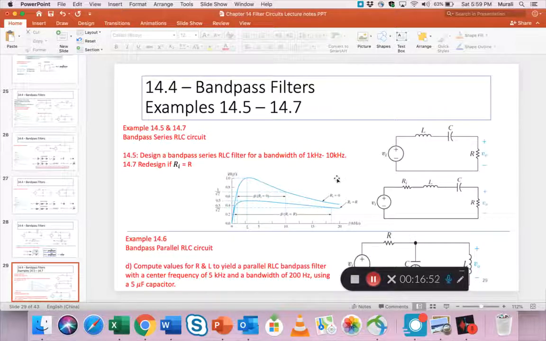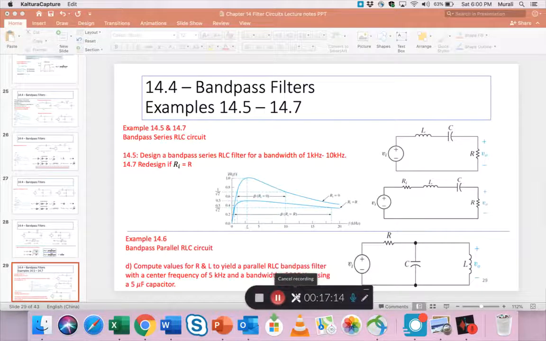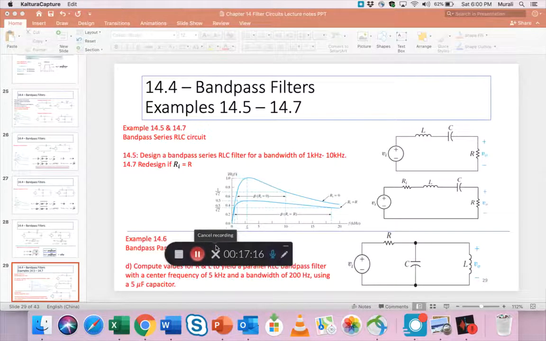Let's just try and finish part D. D is where he says, assume a value of 5 microfarads for the C. So there is a C here in the circuit, so we start with an assumption, and create a bandpass filter with a center frequency of 5 kilohertz and a bandwidth of 200 hertz.